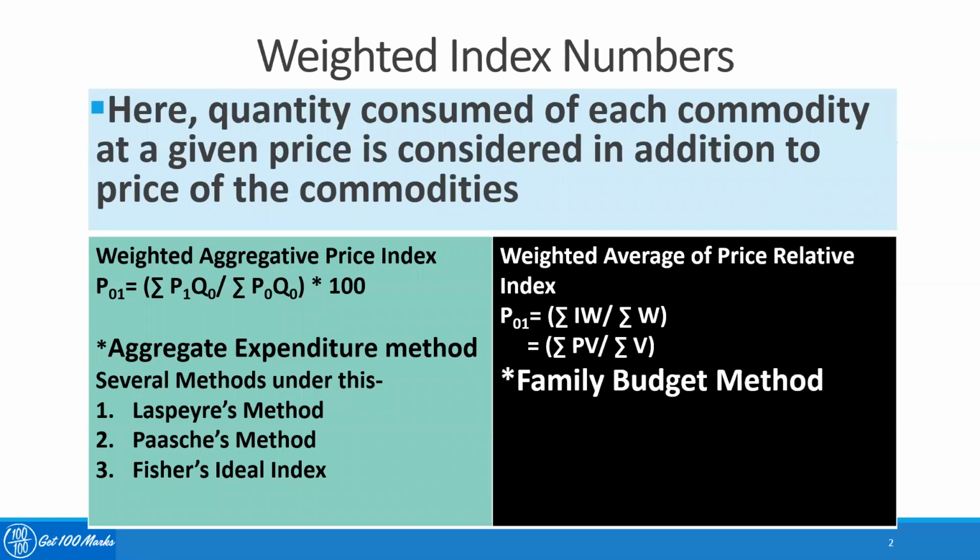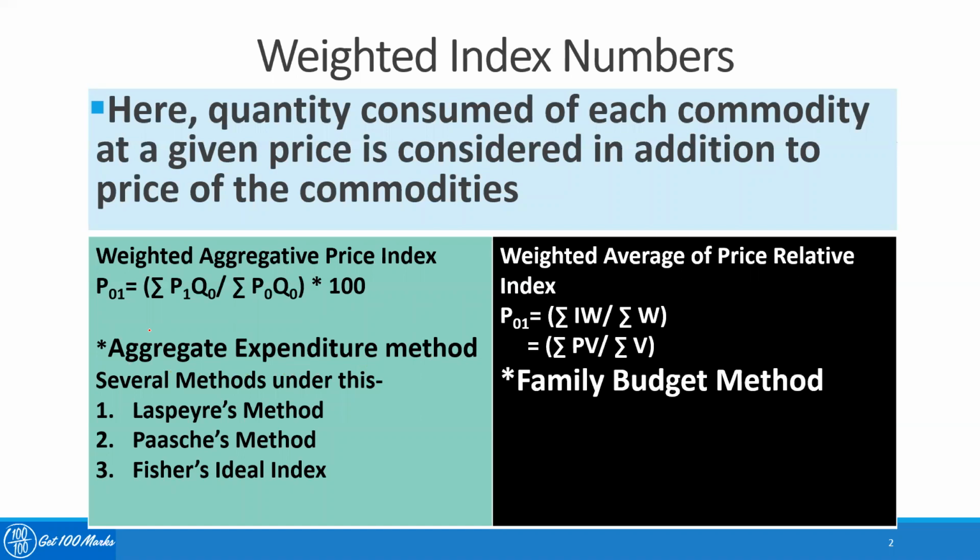In the weighted aggregative price index method, it is similar to the simple aggregative price index method, with the basic difference that weights, which are nothing but the quantity consumed, purchased, produced or supplied, are multiplied to the price of the respective commodities. The more common name for the weighted aggregative price index method is the aggregate expenditure method. So in the exam, you will see mostly this coming as the aggregate expenditure method.